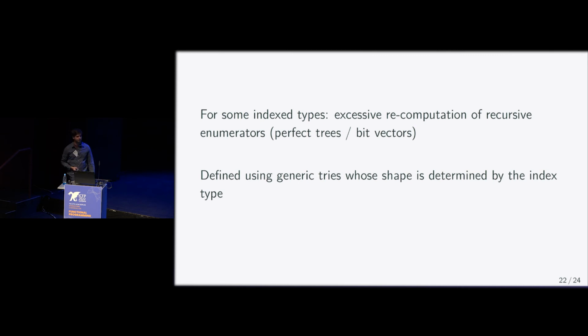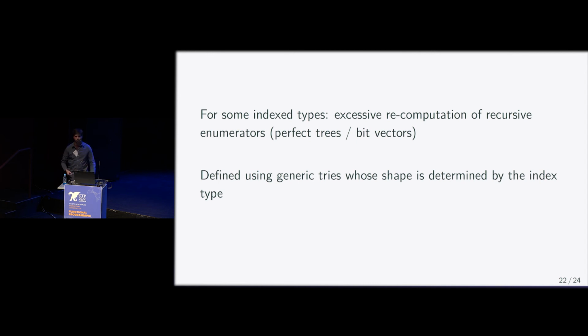For this, we can use a generic memoization technique by reusing the generic structure that we defined for regular types. And the way this works is that we define a generic trie, a co-inductive data structure whose shape is dependent on the shape of the index of these functions that compute the enumerator. And essentially, these data structures represent a tabulation of this function.